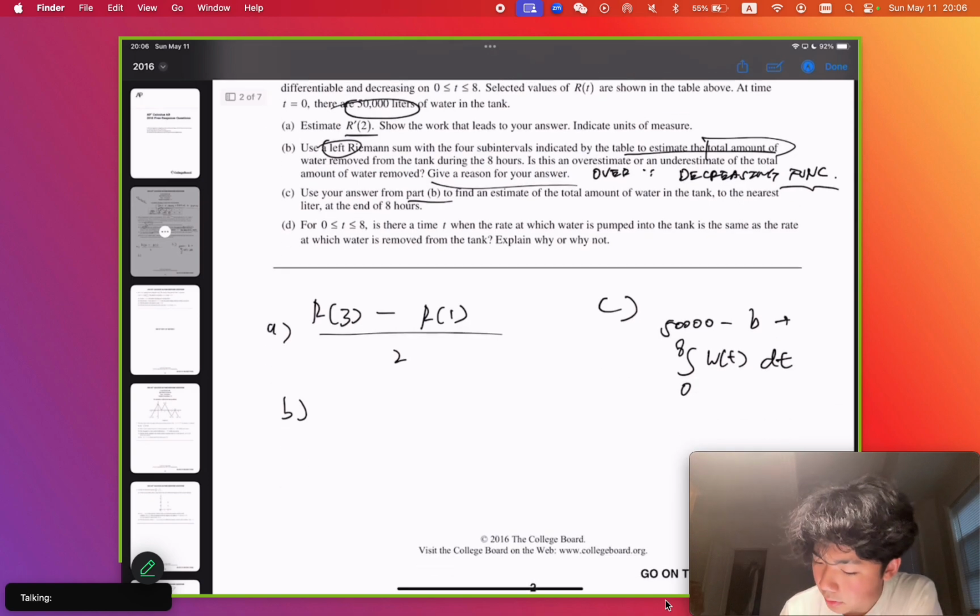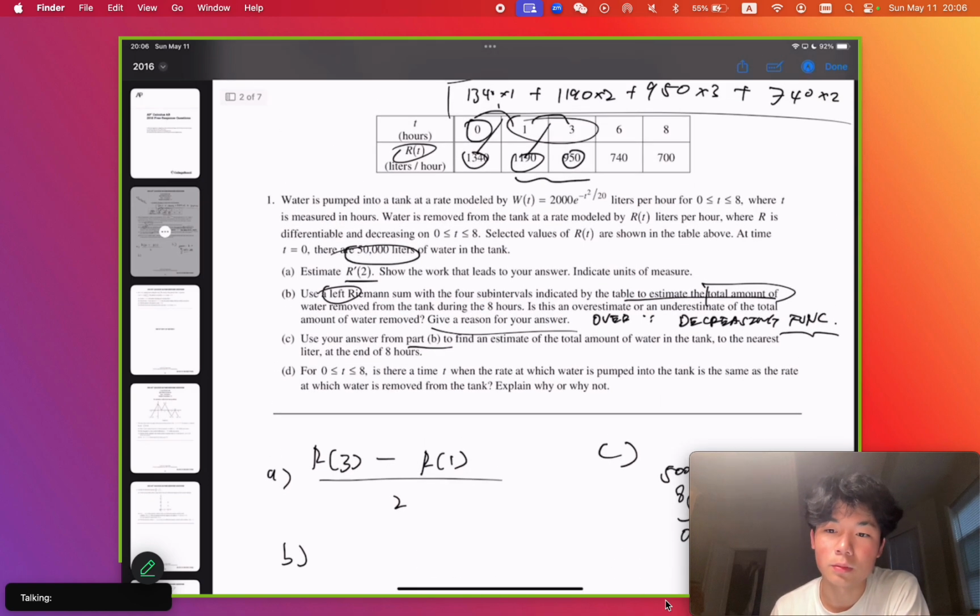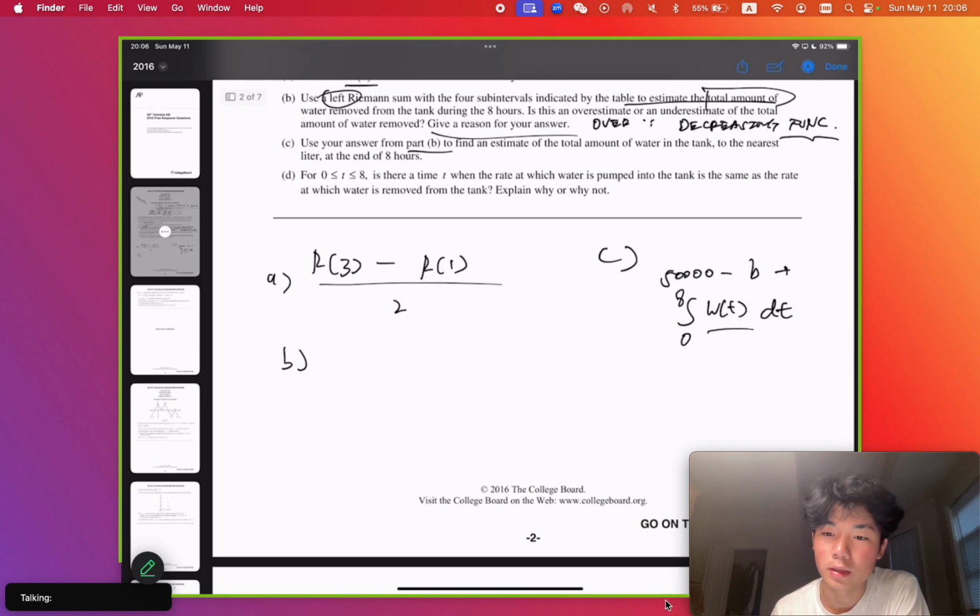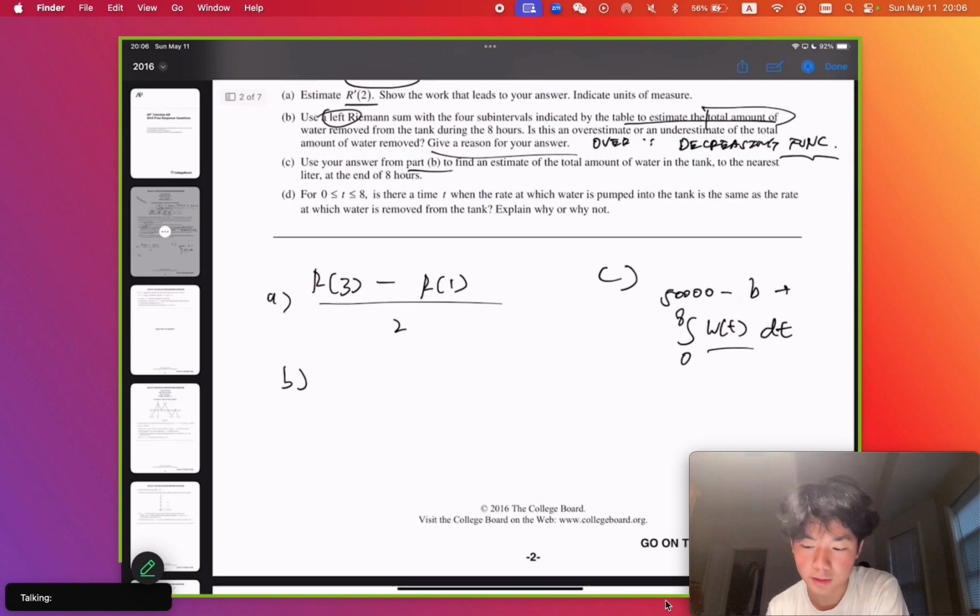Why? Because W(t) is the water that has entered the tank. Since water is still coming in, you take the integral of the total water that came in, giving the total water in the tank at the end of 8 hours.